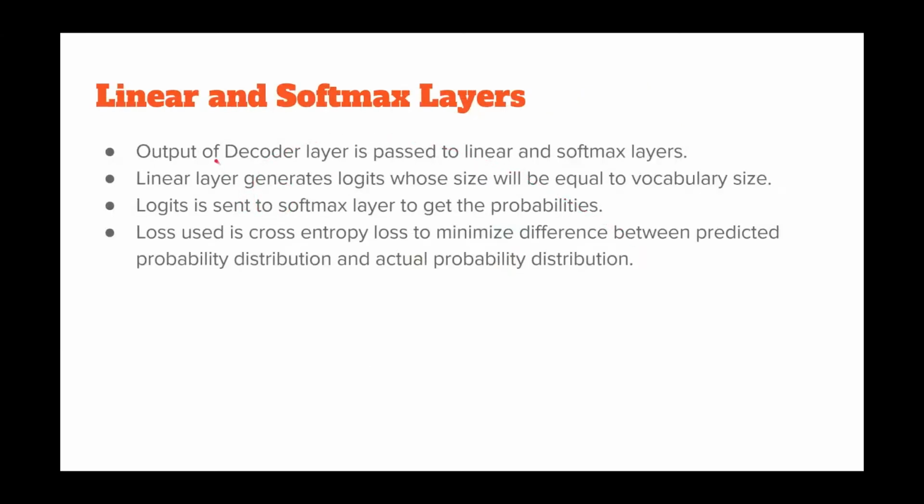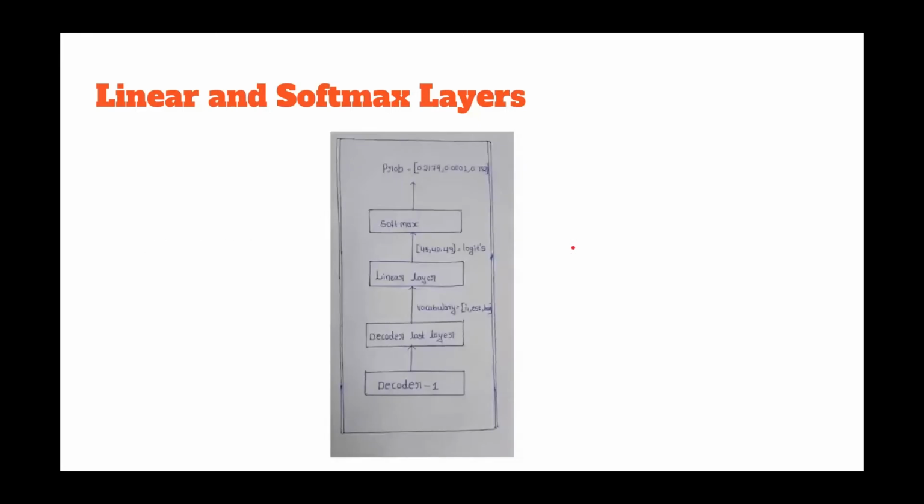Once you get the output of the last decoder layer, that is passed to the linear and softmax layers. Usually the linear layer generates logits whose size is equal to the vocabulary size, and the logits are sent to the softmax layer to get the probabilities. The loss used is cross entropy loss, to minimize the difference between the predicted probability distribution and the actual probability distribution.